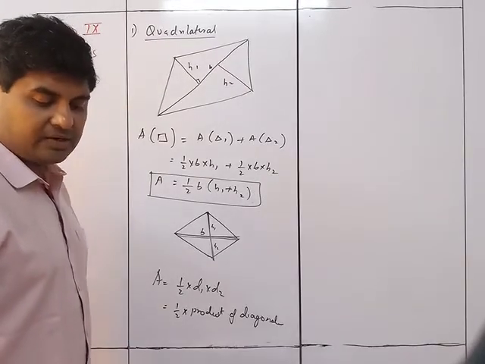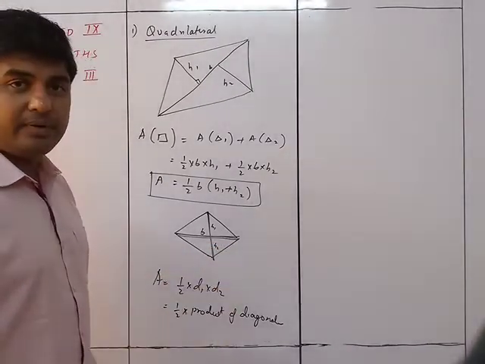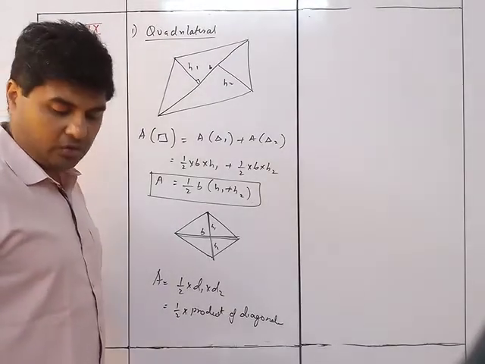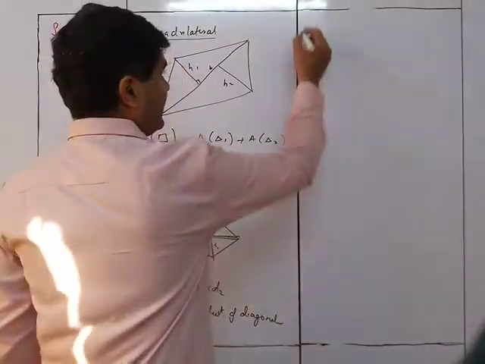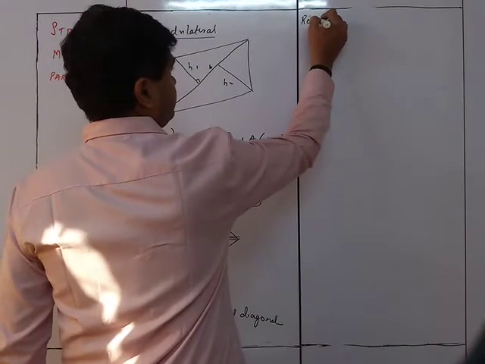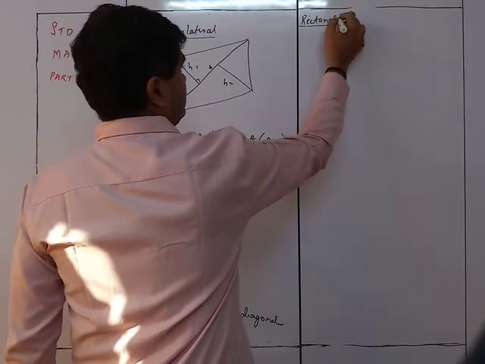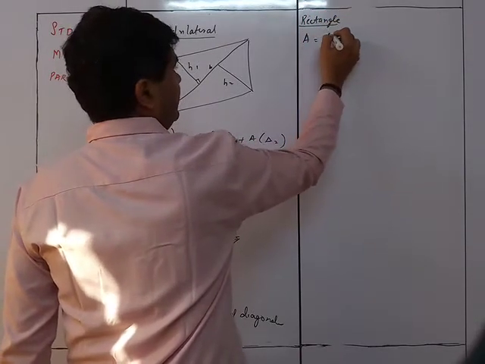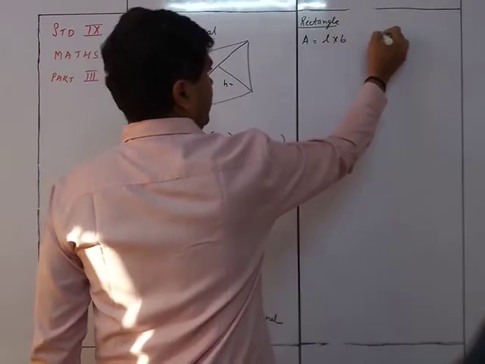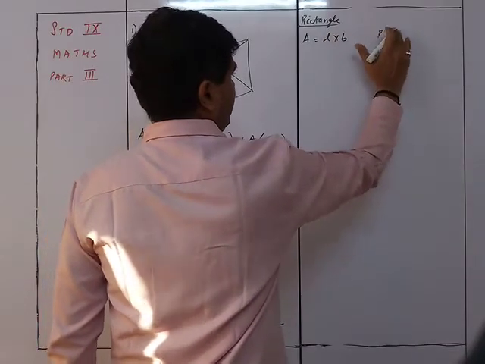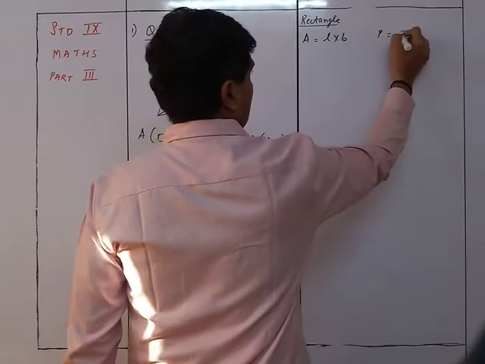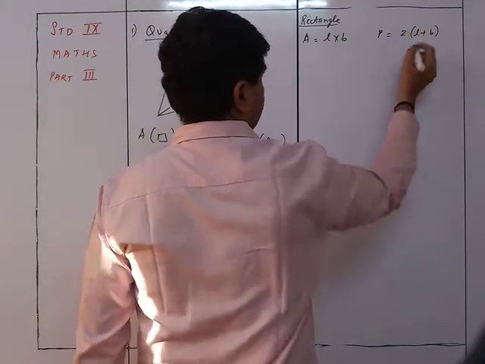Now we see certain important formulas for the different quadrilaterals. So we start with rectangle. Rectangle area is equal to length into breadth. Perimeter, we'll just say P, is equal to 2 into (L plus B).